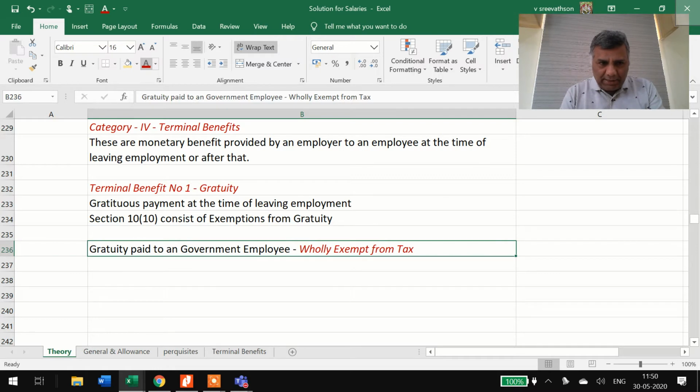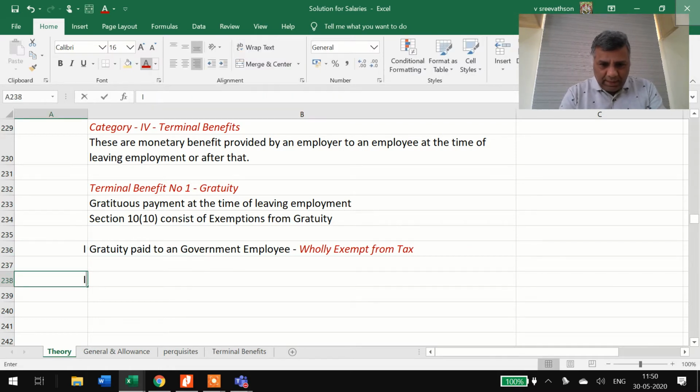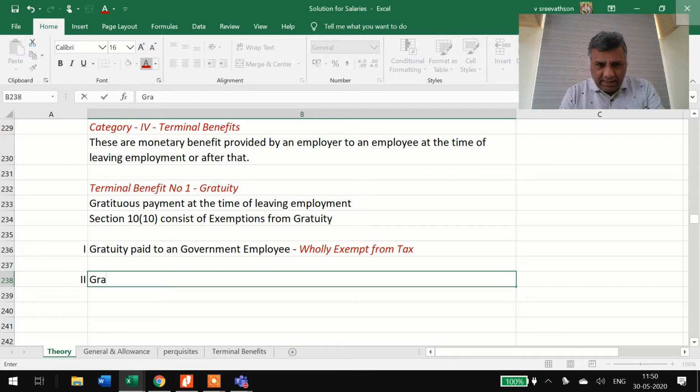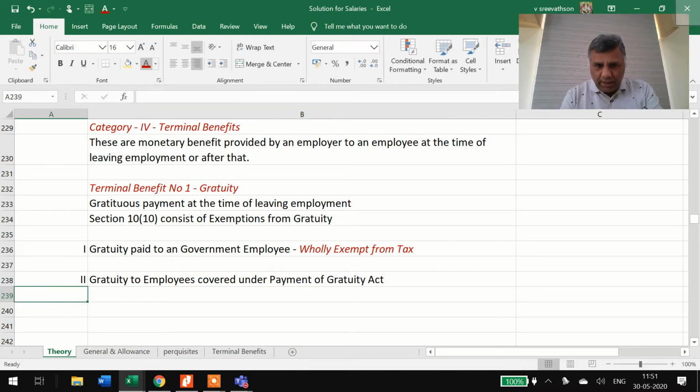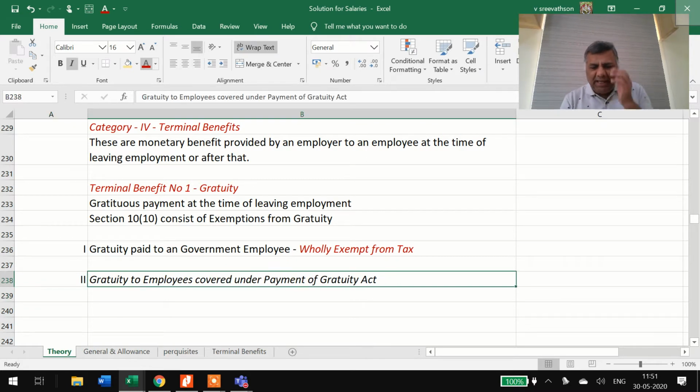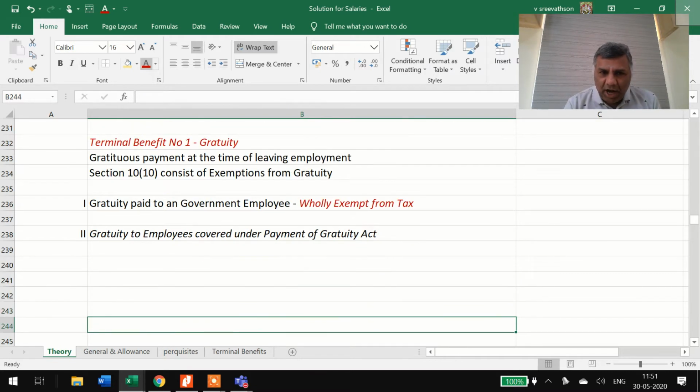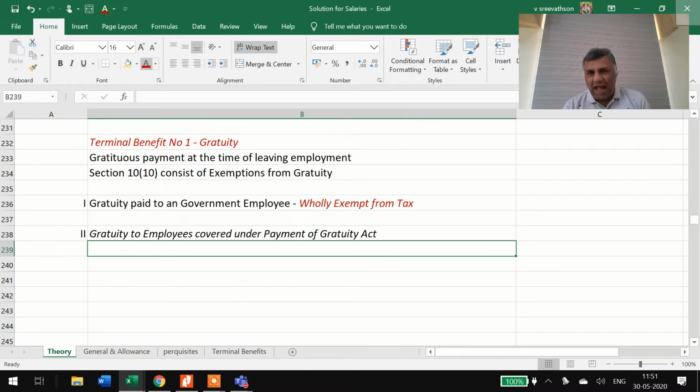Let me call this as 1. The next is gratuity to employees covered under the Payment of Gratuity Act.